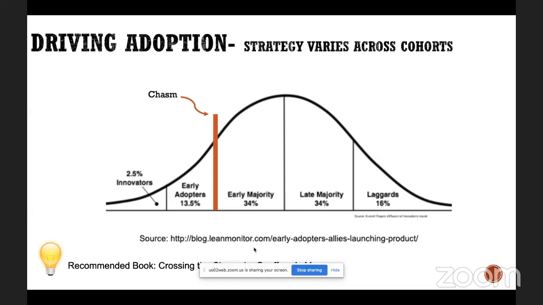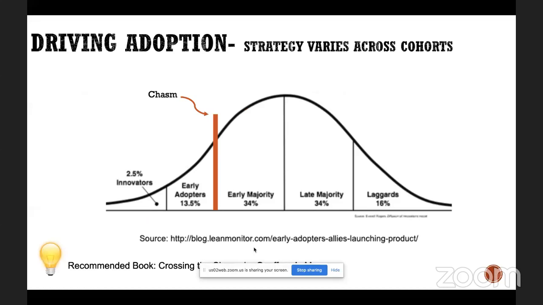Those are the people who would come to know about a new product and be keen and curious to start using it. Early adopters are very similar, although they will make their own decisions, and they would like to see value in a product and then be quick to adopt it. The biggest problem we see, and that's another topic in itself, is that the breakages between these cohorts are very apparent, but the biggest one lies between the early adopters and the early majority.